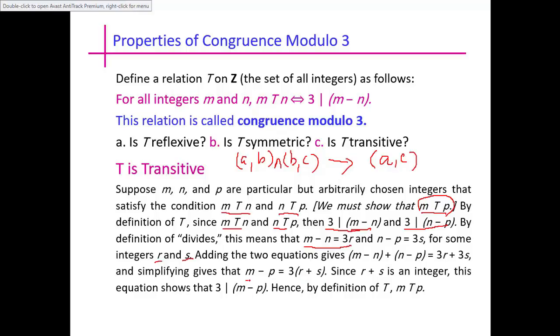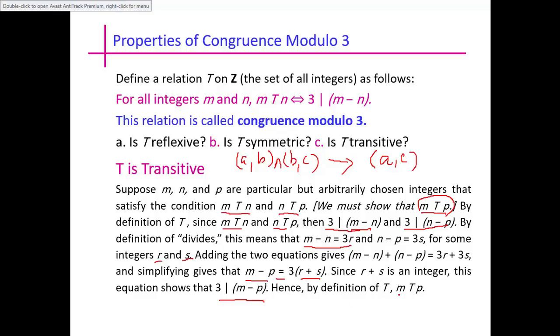So we get m minus p is equal to 3 times r plus s, where r plus s is an integer, and with the help of this equation we can see that 3 divides m minus p. So it also satisfies the given condition of the relation.